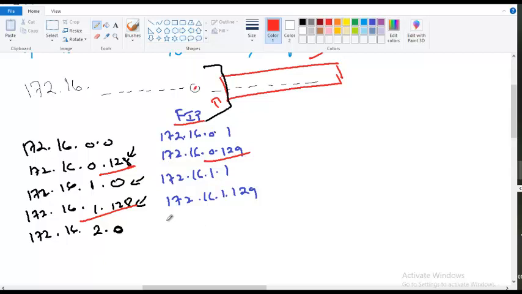So you got the first IPs, and then the broadcast is going to be just one less than the next network. Exactly. 172.16.0.127, 172.16.0.255, and then here 1.127, and here 1.255.